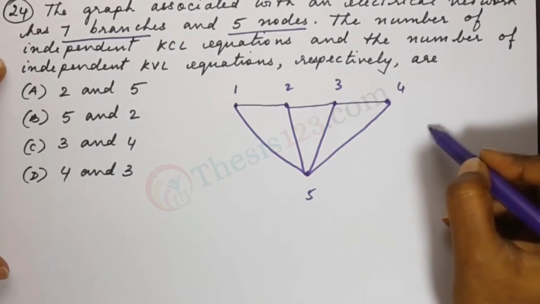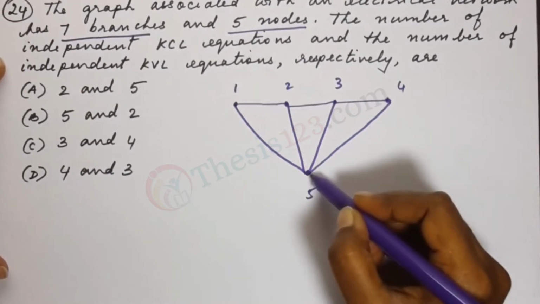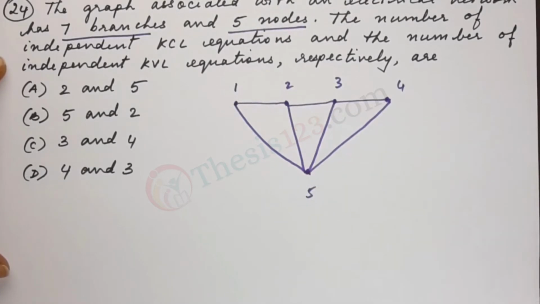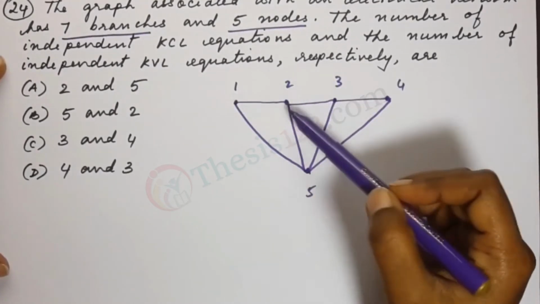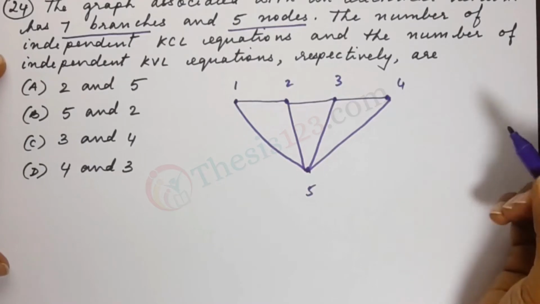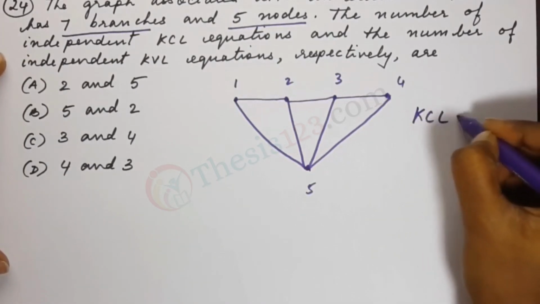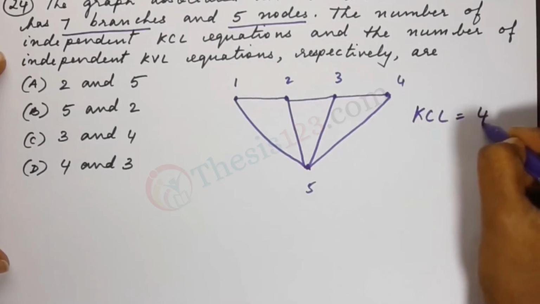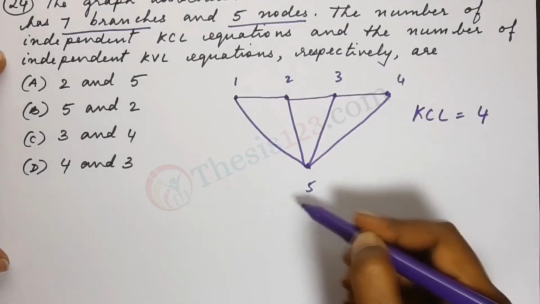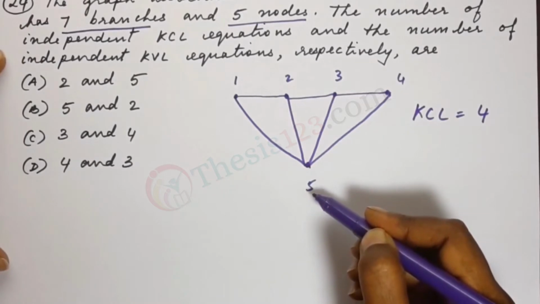So here, if we were to consider the 5th node as a base or a reference, that would give us 4 different KCL equations. So KCL would be equal to 4. That's 1 less than the total number of nodes that are there.